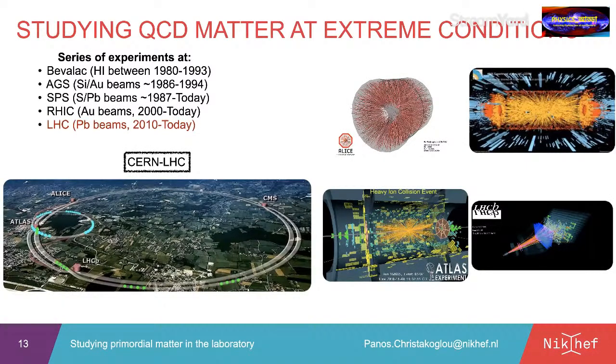And then LHCb, which is situated here, is mainly focusing on the asymmetry between matter and antimatter, and ALICE is the dedicated heavy ion experiment at the LHC.